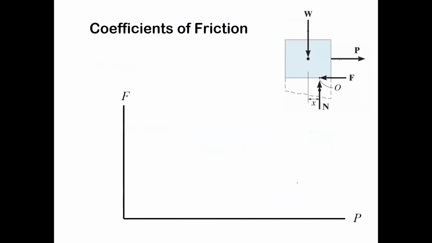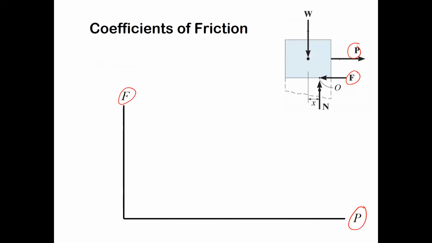Interesting things happen when you start to pull on something. There is this point where this force F, which is depicted here, and this force P, which is depicted here, can be plotted on an XY curve.